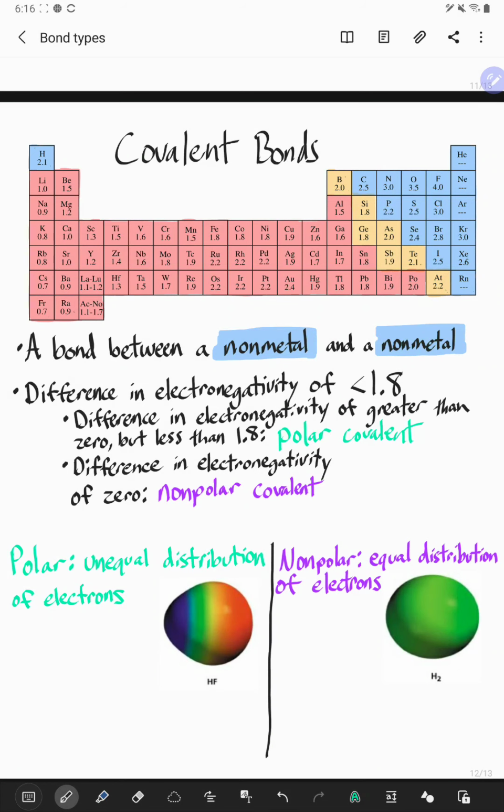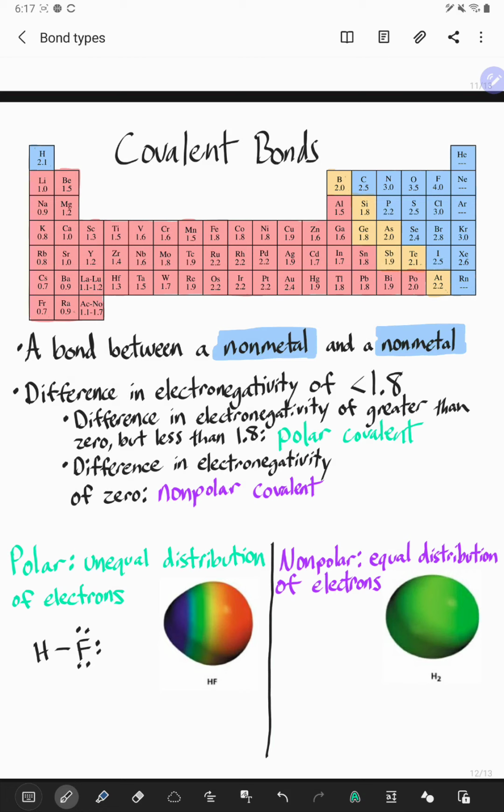So we've got two examples here. We've got HF, a bond between hydrogen and fluorine. In one of the next videos, I'll show you how to form the bonds. But we have hydrogen's Lewis dot structure, and then fluorine's. And what you do is you just connect the dots, and it looks like that.